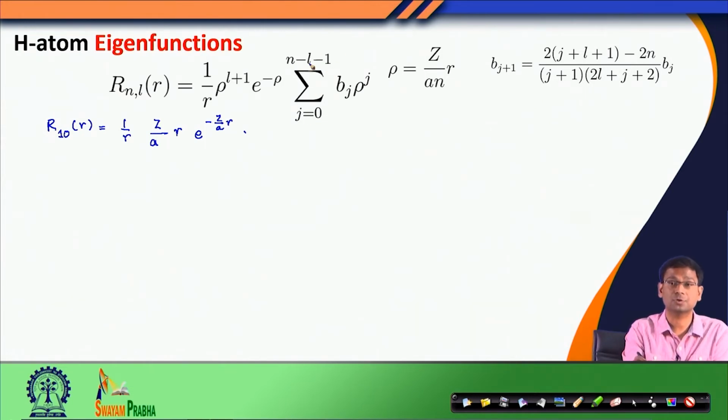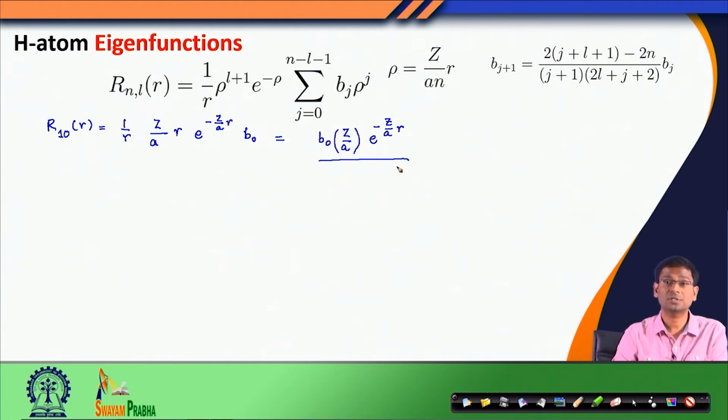So, J goes from 0 to 0, that means only one term, and that is B 0. If I simplify, this r and r cancel out. So, I have B 0, which is the coefficient over here, I do not know its value, Z over A e to the power minus Z over A r. So, this is the radial solution of hydrogen atom's 1s orbital.